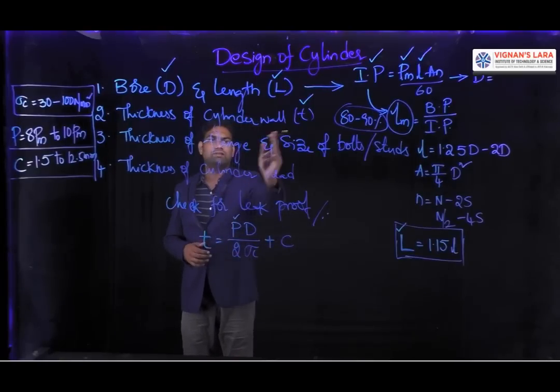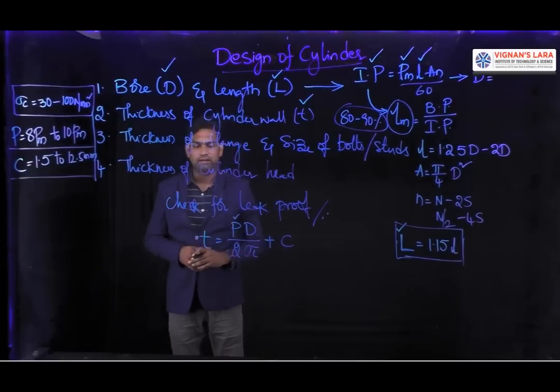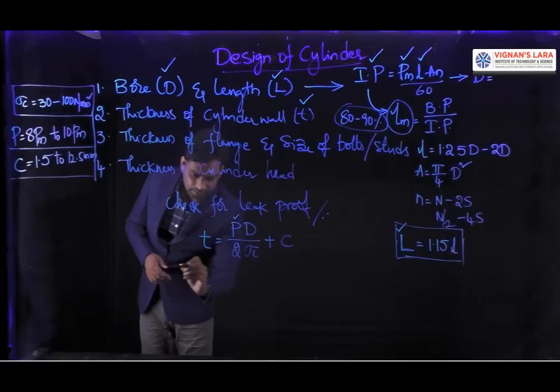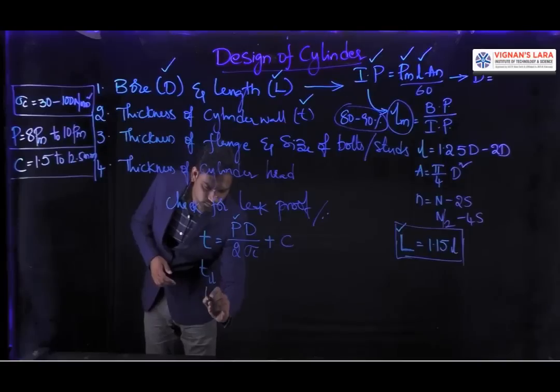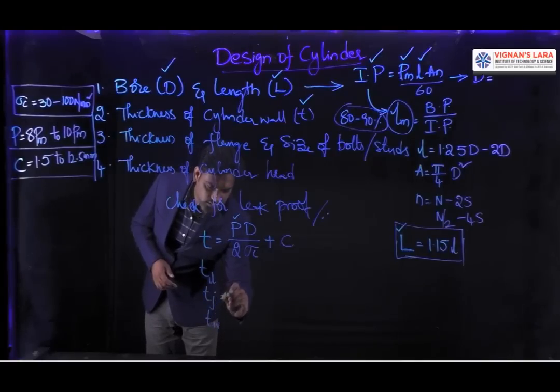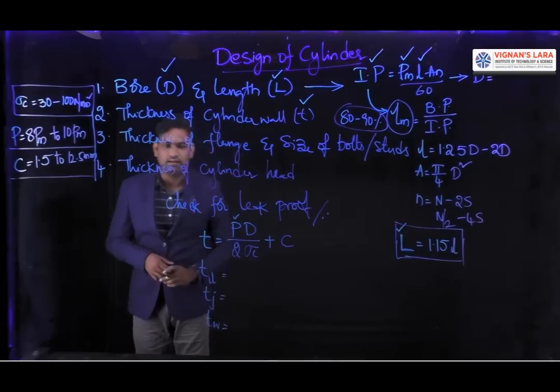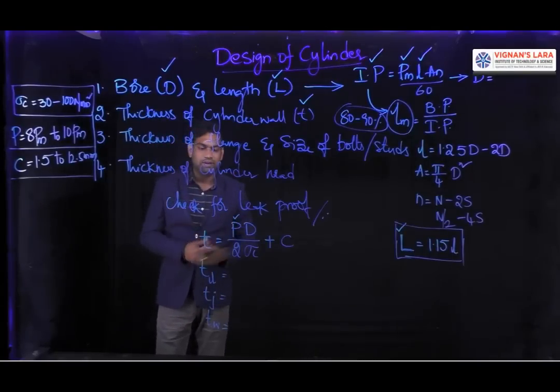Later on, along with the thickness of the cylinder wall, we can also calculate the thickness of the liner, as well as the thickness of the jacket and the thickness of the water space. All these three thicknesses are calculated using empirical relations.